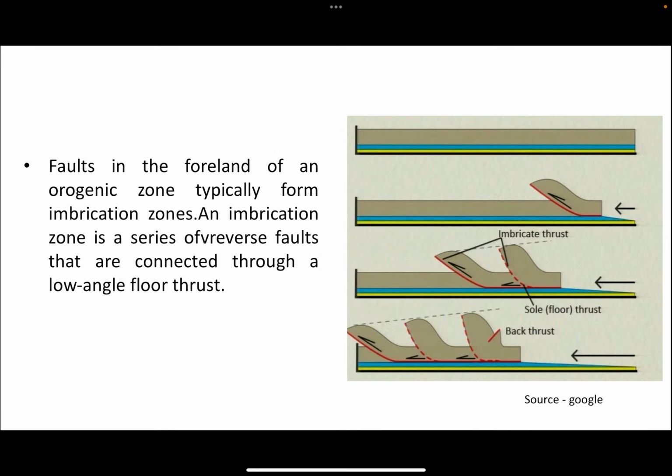Then let's discuss imbrication. Thrust imbrication: in this, a fault or fold of an origin type forms an imbrication zone. An imbrication zone is a series of reverse faults that are connected with a low angle thrust fault. Initially there is no deformation.